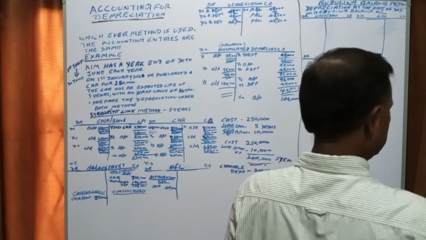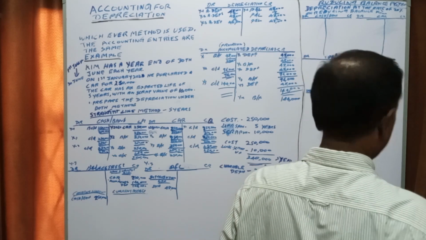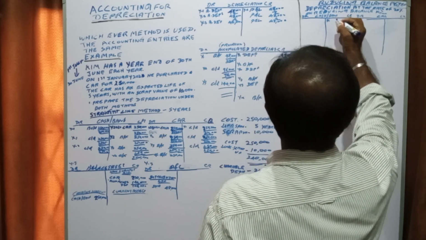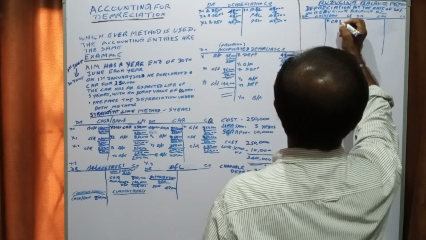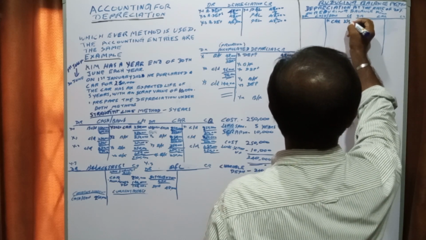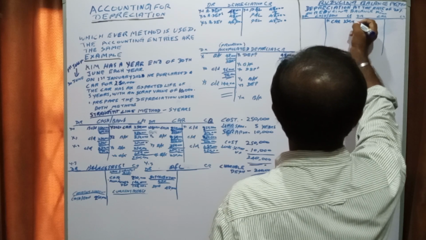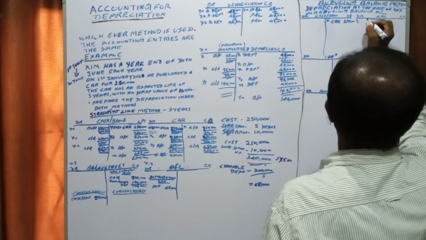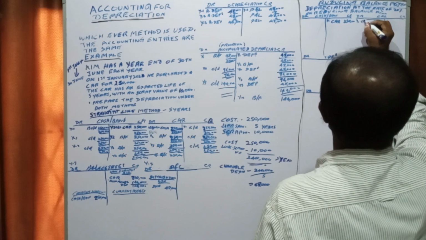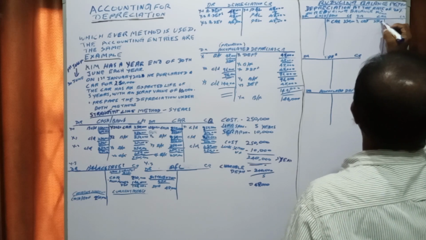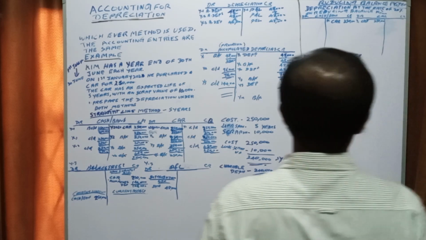First year, we are purchasing the car. In year one, cash account credit 250,000, car account debit 250,000, right?